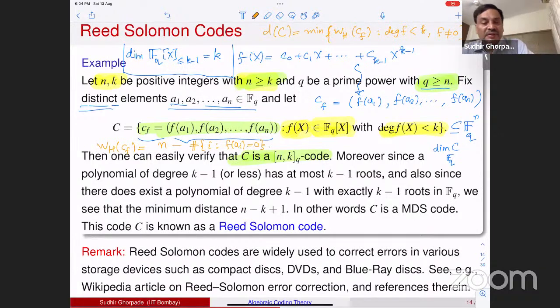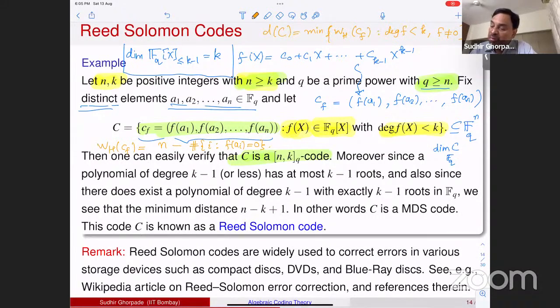That's going to be the weight. Now f is a non-zero polynomial of degree less than or equal to k minus 1. So it's like n minus the number of roots of f among a1 to an. But if it's a non-zero polynomial of degree k minus 1, we learn in school that it has at most k minus 1 roots. So this number is going to be less than or equal to k minus 1, whatever it is.